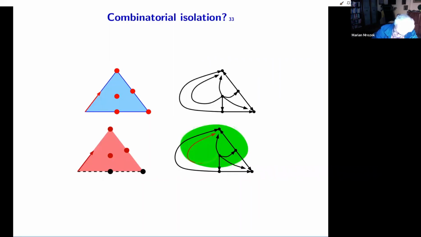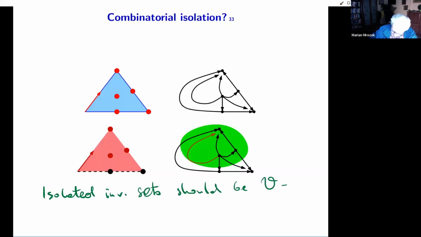There is again an internal tangency. And the lesson we take from this is that isolated invariant sets should be V compatible. So the union of the multivectors.